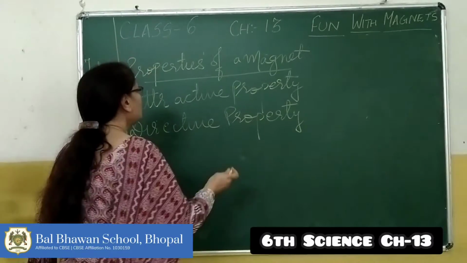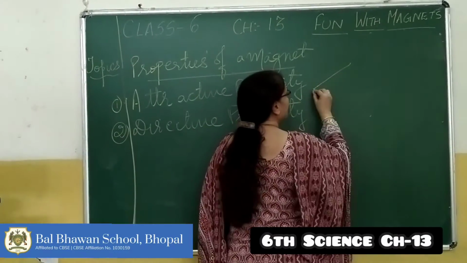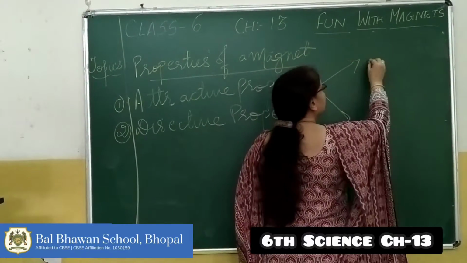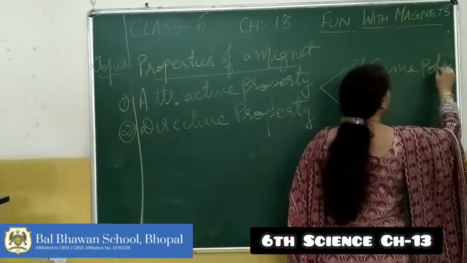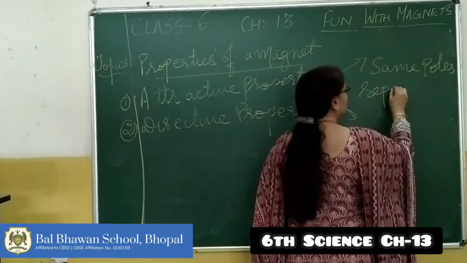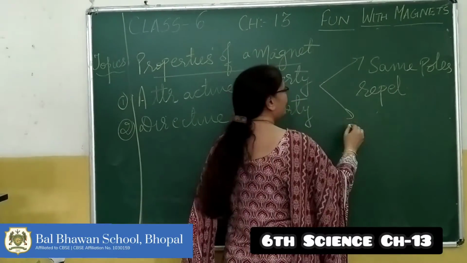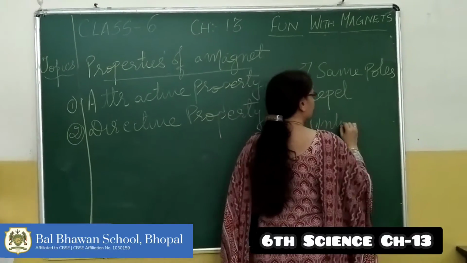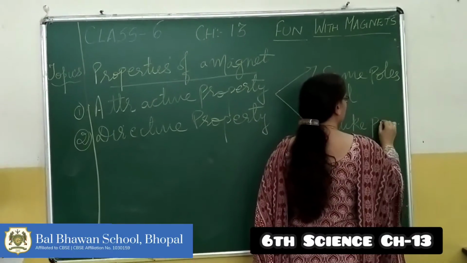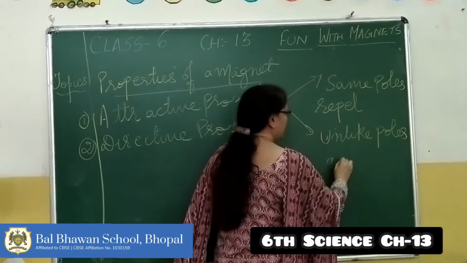So when we talk about attractive property, we say that same poles repel. And when we talk about unlike poles, they attract.